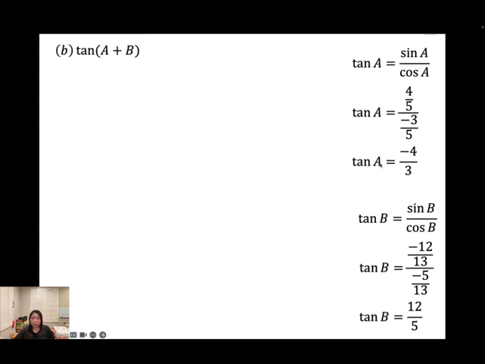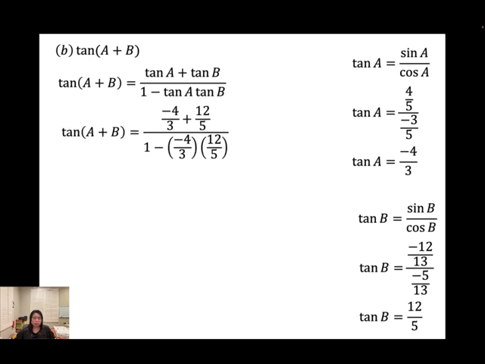Double check, angle A will be in the quadrant 2. So quadrant 2 for the tangent will be negative. This is good. And then B will be quadrant 3, right? Quadrant 3 for tangent will be positive. So this is good. Now I'm going to apply the formula. Plug it in. Get the same denominator here.